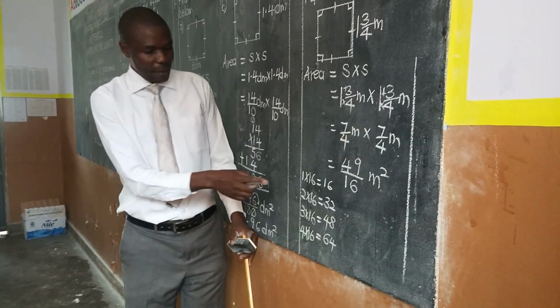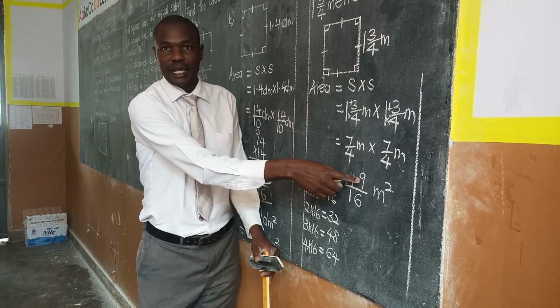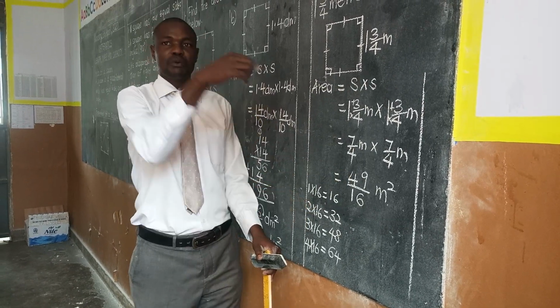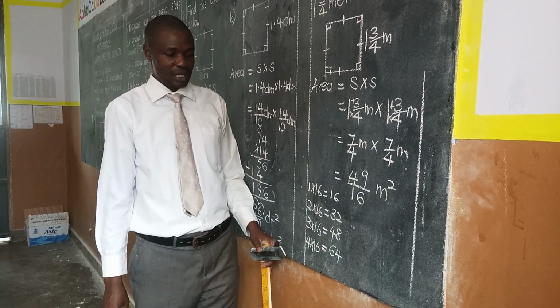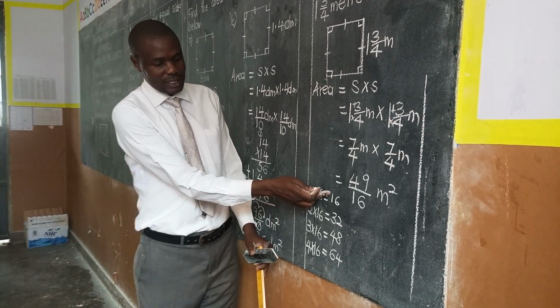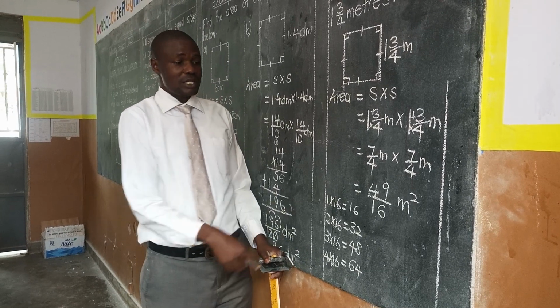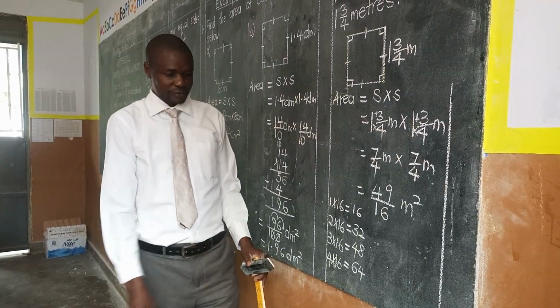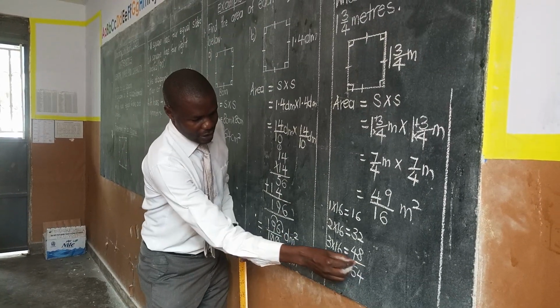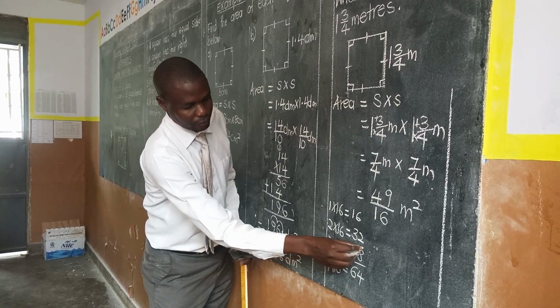Now we are looking for a number which is exactly 49 or almost 49, but shouldn't be more than 49. So if you look at our answers, 16, 32, 48, 64, which one is nearer 49? I think we all find out that it is 48.